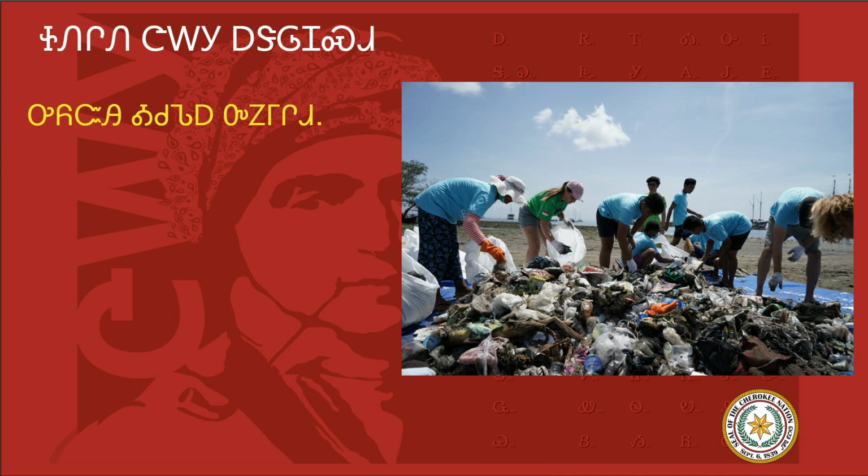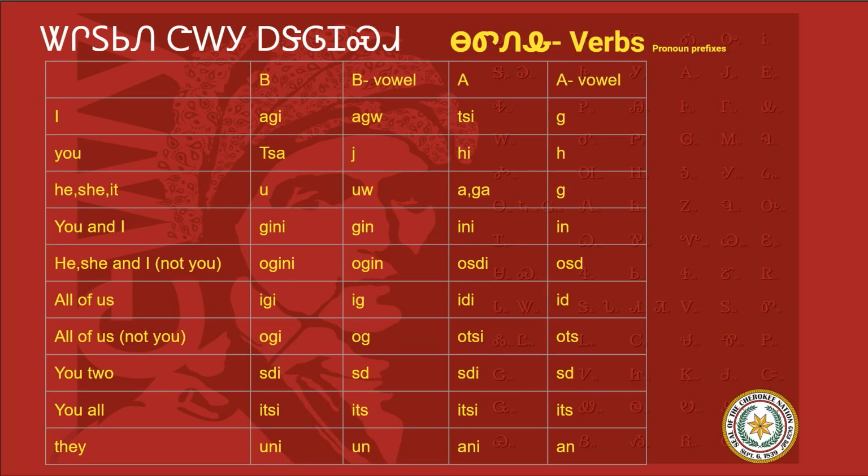Uyo zhi is trash. Oju te means we are. So remember, if we go back through and look, oj means all of us, but not you, right?